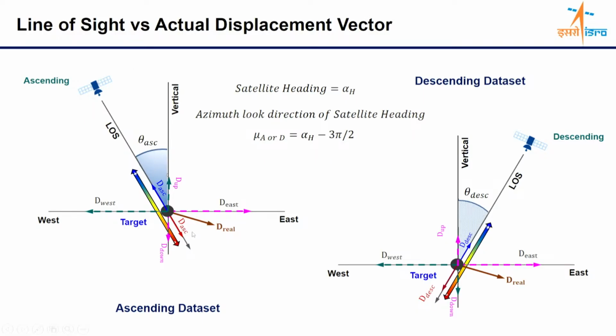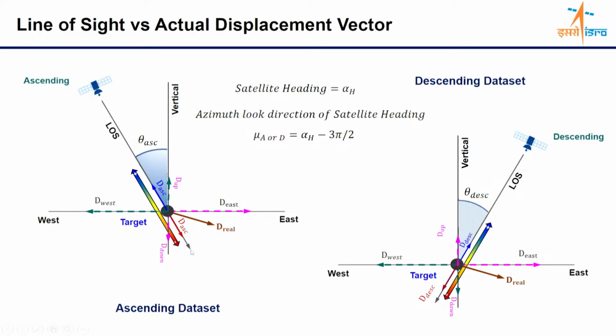So what we are measuring, basically, somewhere the target is here, so this is called the line of sight. From here to the target, this direction is called the line of sight direction, or you can say the radar line of sight. So from the single pass data set, we are measuring whether this target is moving towards the satellite, which is shown by this arrow, or moving away from the satellite in this direction.